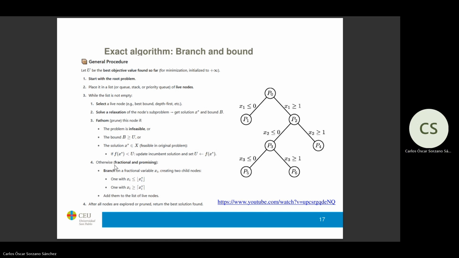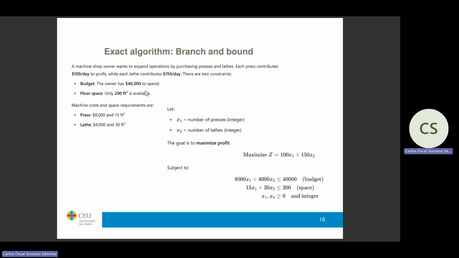And otherwise, you create two children, like we did here, in which we said x1 is 0.3, but 0.3 is not an integer, so you create two extra bounds. You put two constraints: one in which the variable is smaller than or equal to the value rounded down, and the other one in which it is larger than or equal to the value rounded up. And then you have two new problems in your list to solve. Okay, so let's see an example.